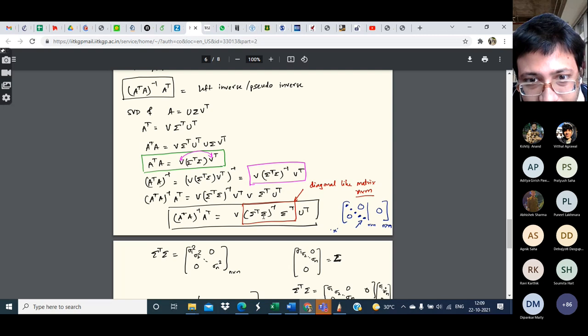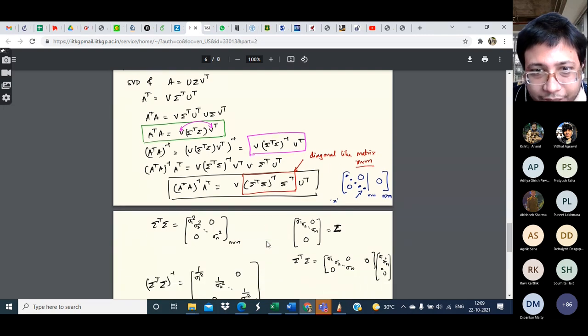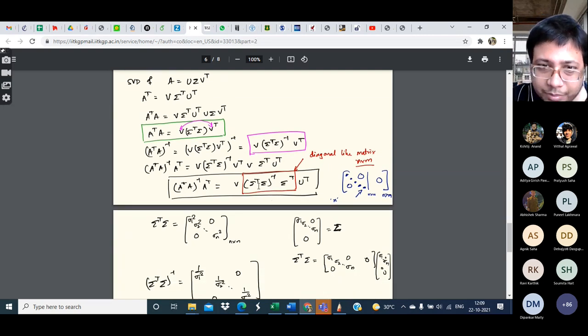So what happens to this expression? We have the sigma transpose sigma inverse. We have already calculated that sigma transpose sigma is the sigma square, and the inverse of that I have already calculated, and that further I have to multiply with sigma transpose.